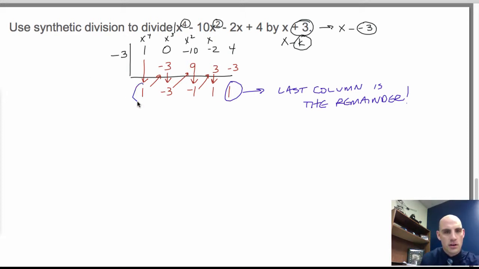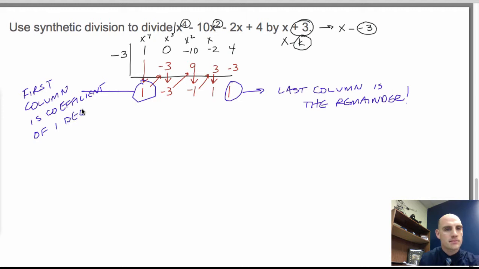And so my first one is the coefficient of 1 degree less than the original.